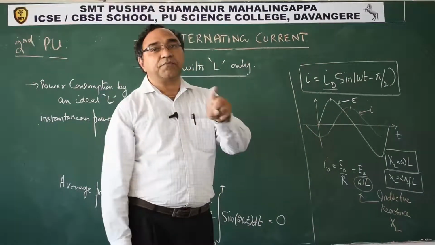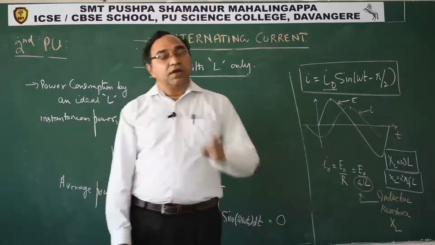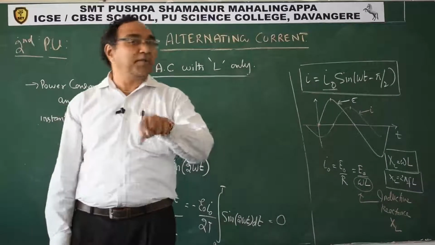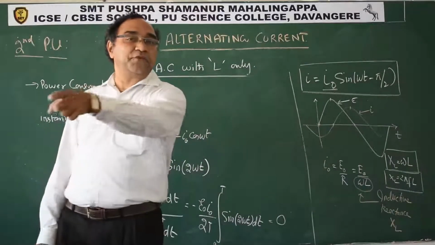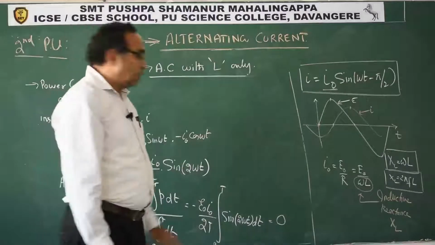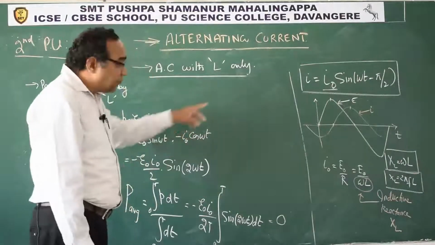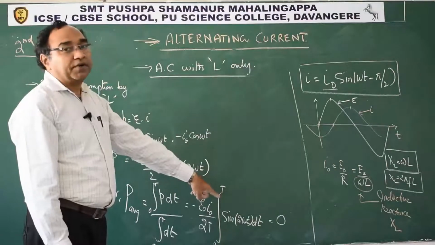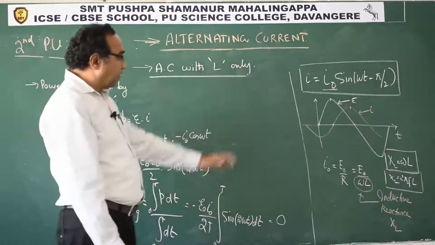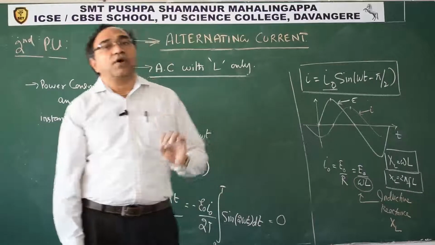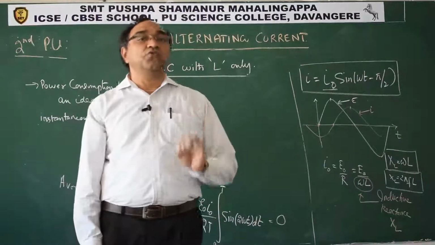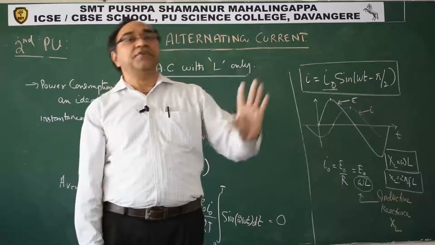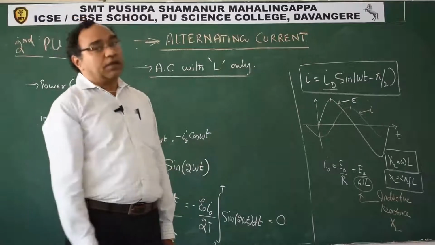And exactly reverse behavior we are having for resistance. Resistance R is not able to block AC, but it is consuming power. L is blocking AC, but not consuming any power. That is the reason why inductive coils are extensively used in AC circuits to block AC.